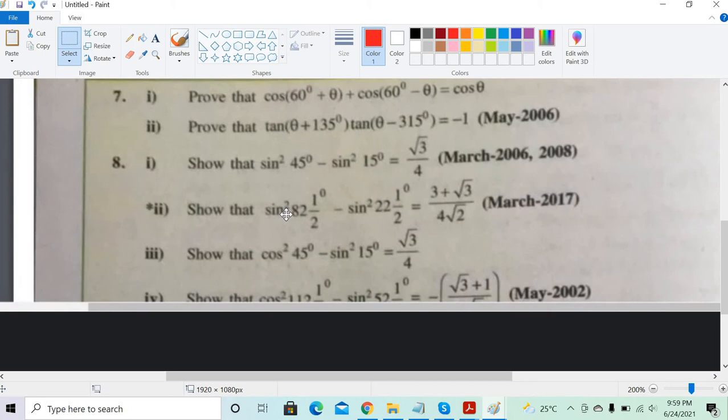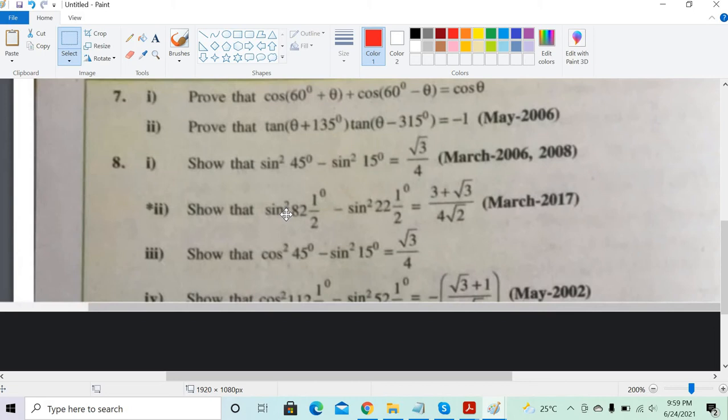You need to remember the sin 18 formula also. You have to remember, like, if it's 18 degrees, then 18 into 5 is 90.